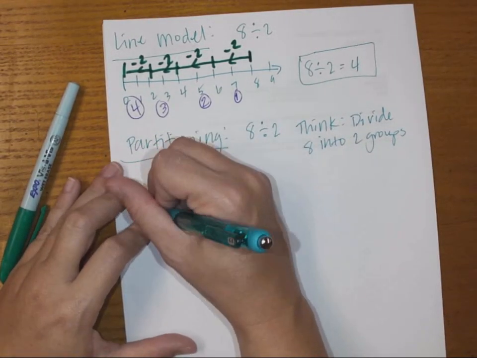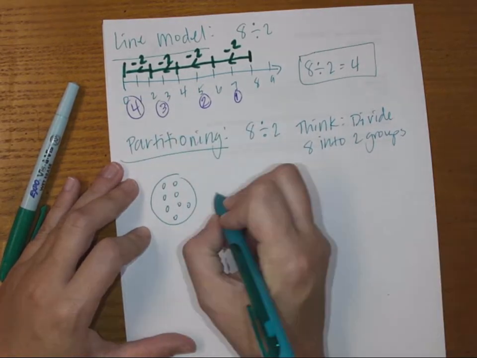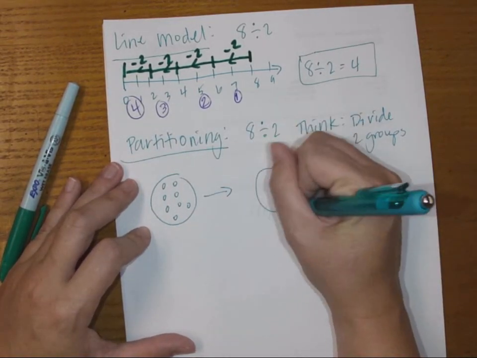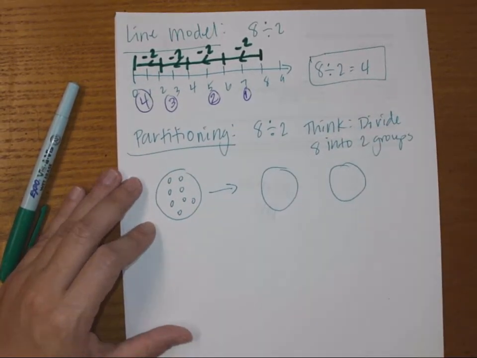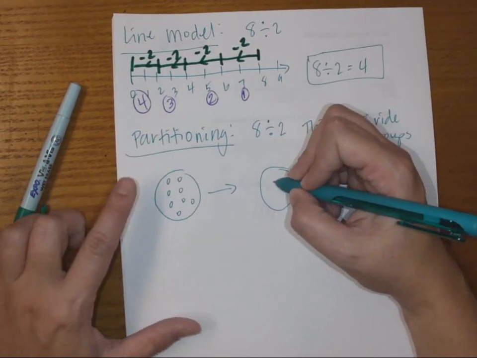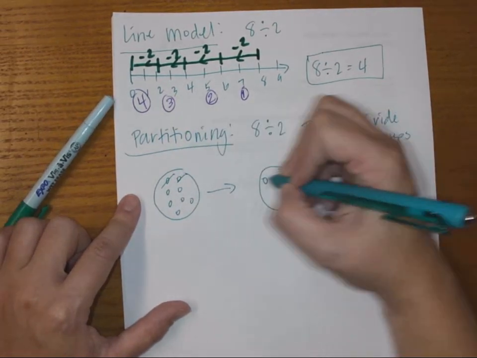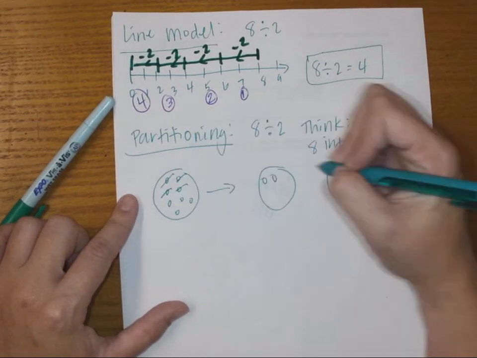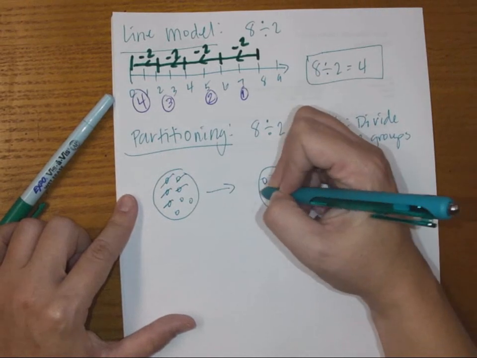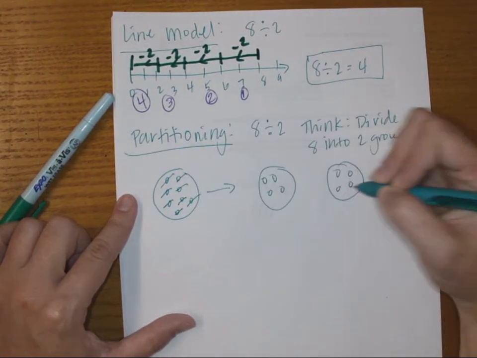So if I have 8 things, 1, 2, 3, 4, 5, 6, 7, 8, and I'm putting them into 2 groups, I'm going to put one in each group. I'll put this one in this group, this one in this group, and so on until they're all placed.